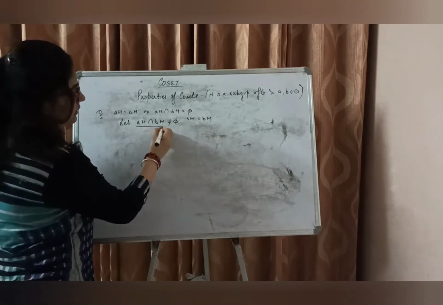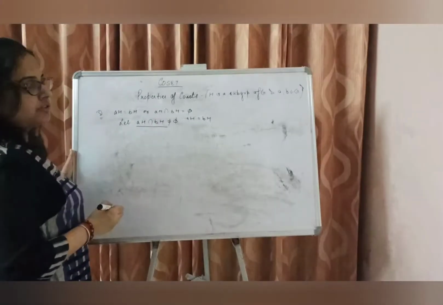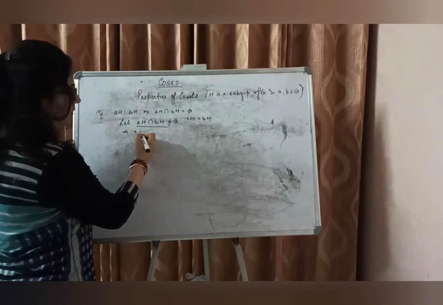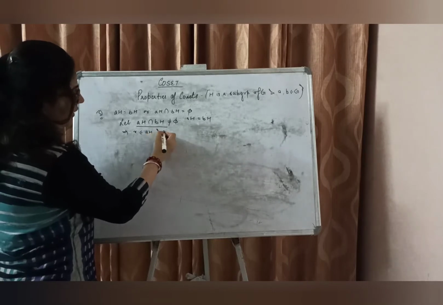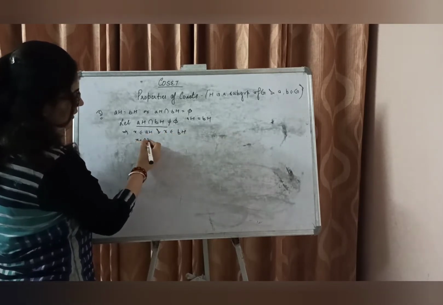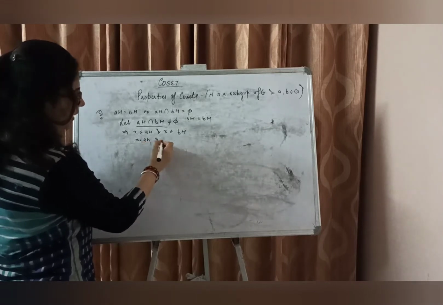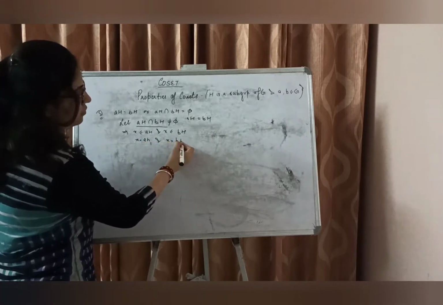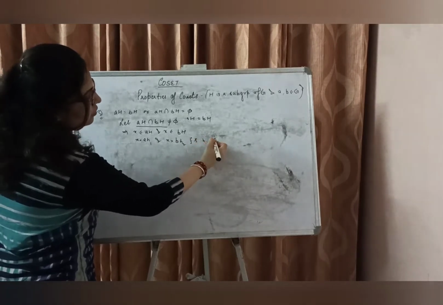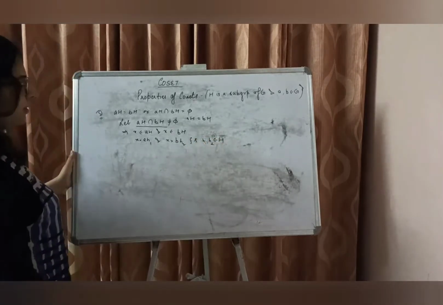Since AH intersection BH is not empty, this implies there exists some X belonging to AH and X belonging to BH. Now X is equal to Ah1 and X is equal to Bh2 for some h1, h2 belonging to capital H.